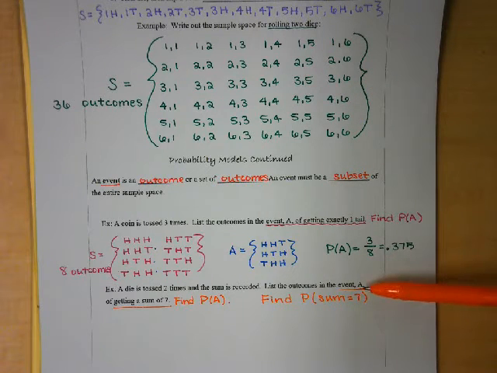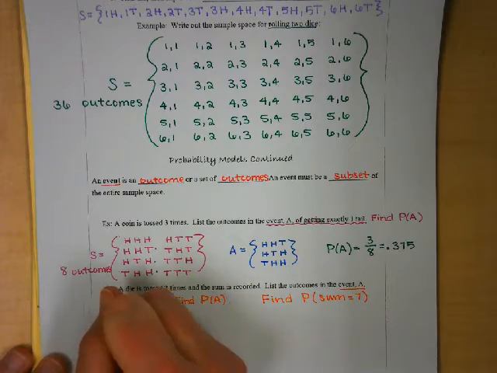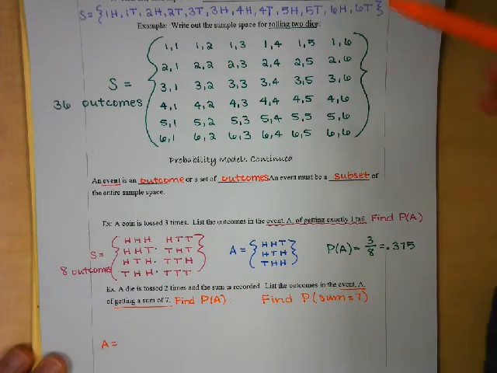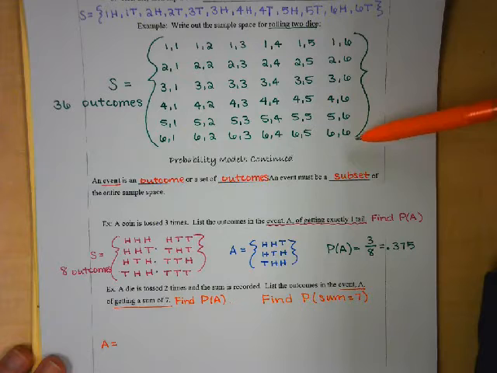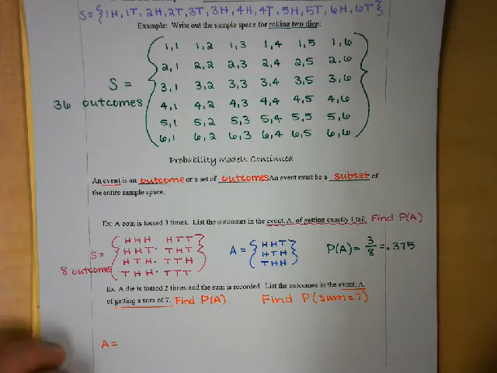But we do need to list the outcomes for event A. And event A is that we get a sum of 7. So if we look up at all these possible outcomes for rolling a die twice, which of the outcomes would give us a sum of 7? Either throw it in the chat or unmute yourself for me.